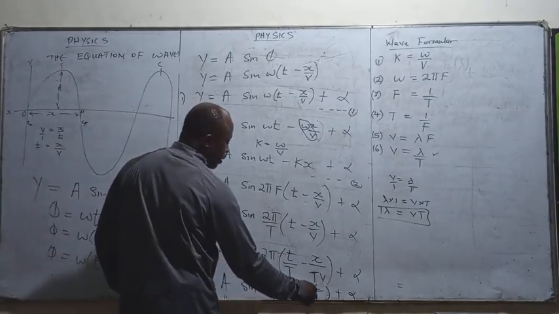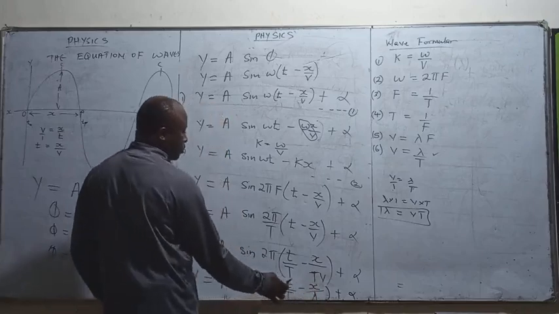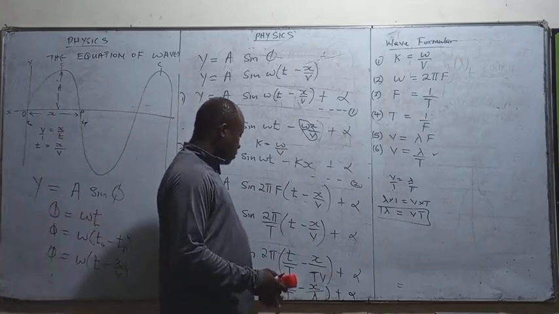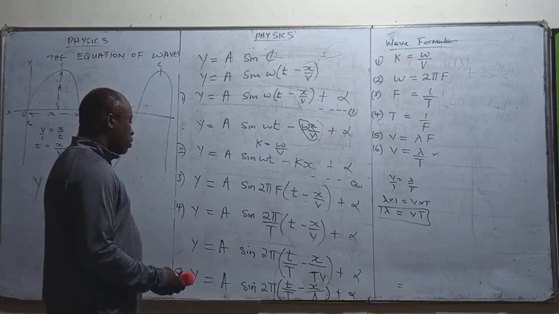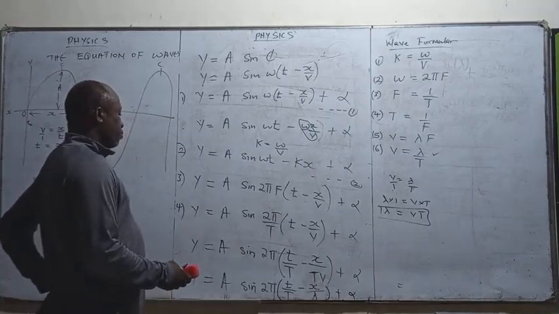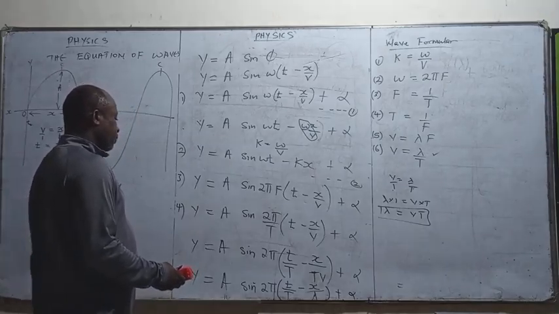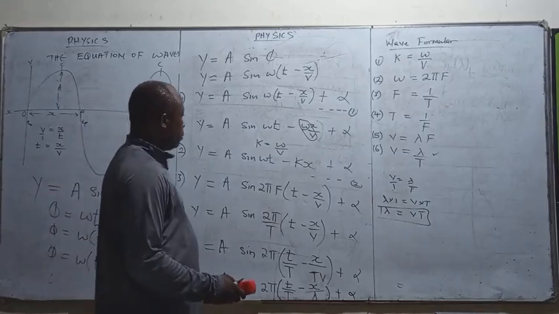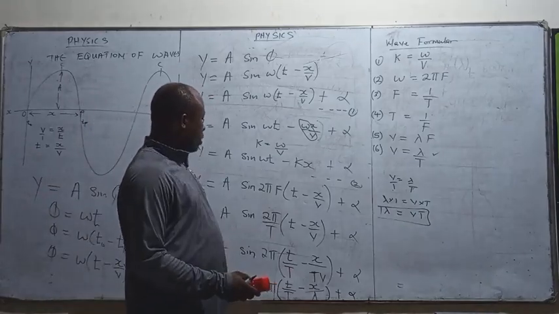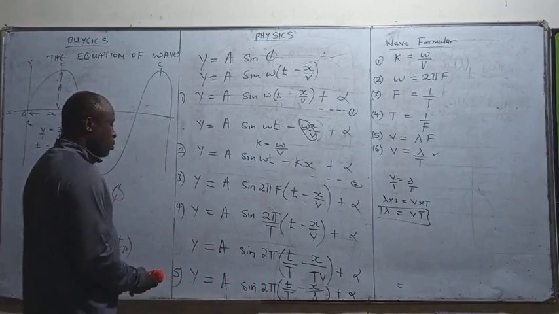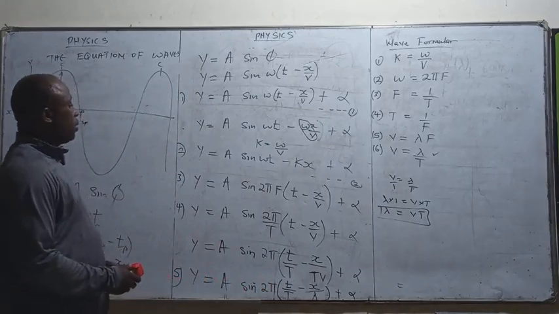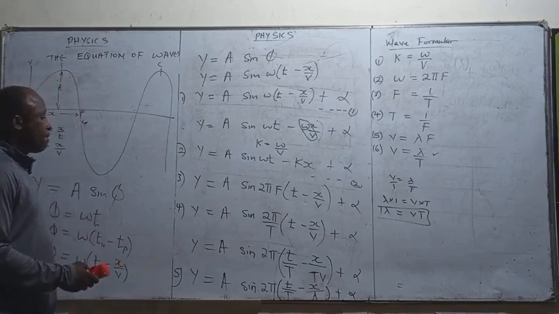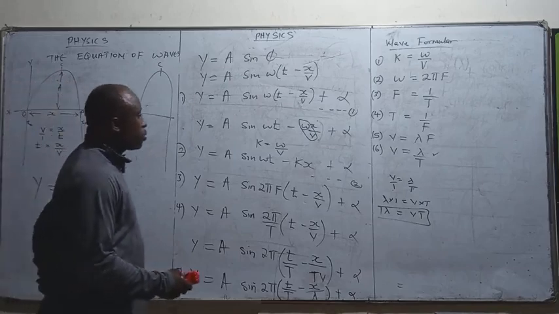If we have lambda here, we can make both denominators lambda, so that we can have it. So let's do that.